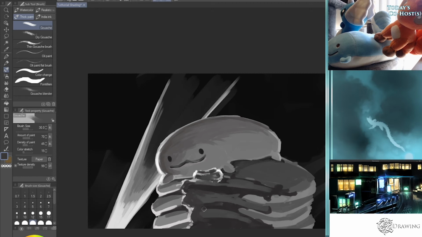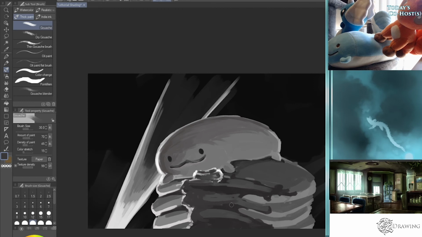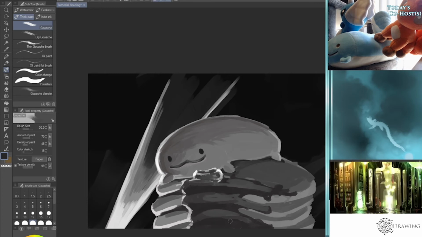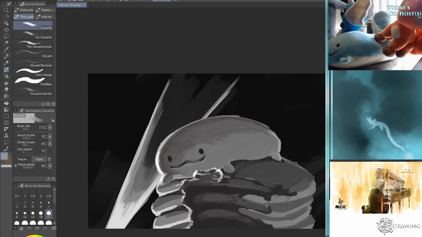Remember the core shadow. A little bit of specular light.